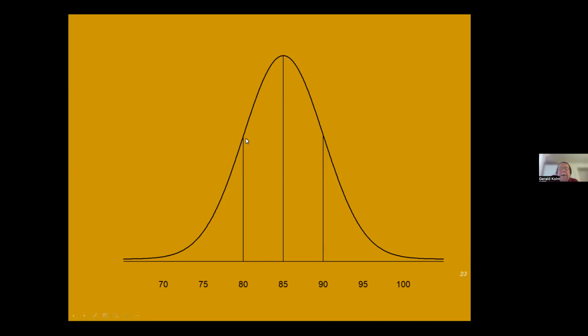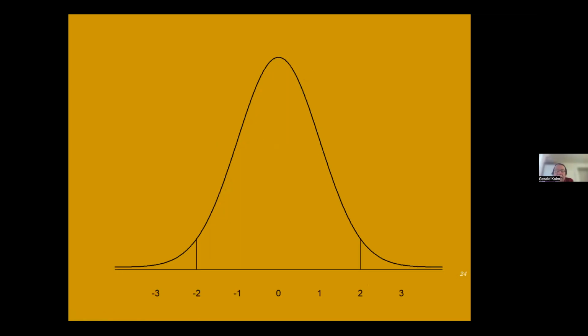So the normal distribution has really nice properties. It turns out that about 68% of the area under the normal distribution is contained within -1 to +1 standard deviations about the mean. And when we look at, as we did before, calculating 95% confidence intervals, it turns out that between approximately -2 and +2 standard deviations, we have 95% of the area under the normal curve.